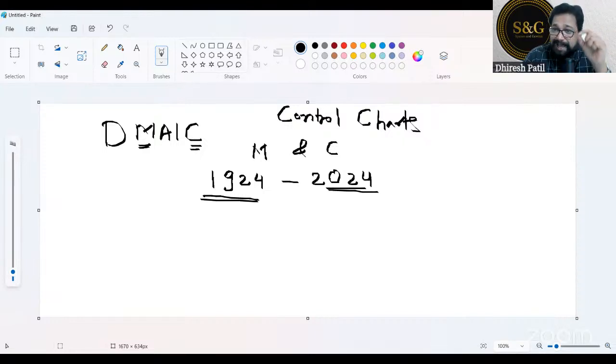A lot of software is built where control charts are inbuilt, such as data analytics software. The fundamentals are so strong. What are the fundamentals? The father of the control chart, as I mentioned, was Walter Shewhart.